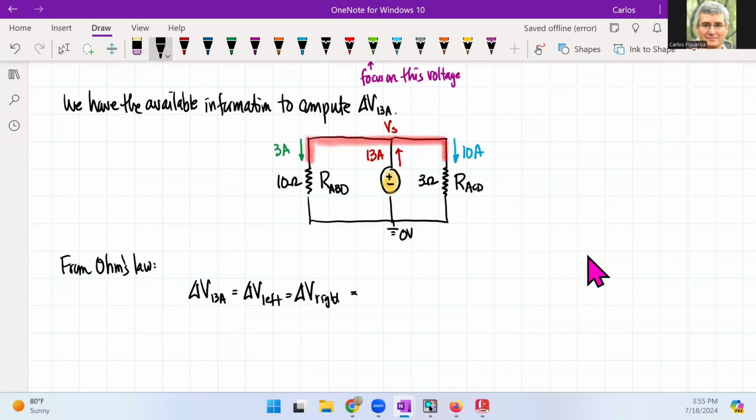The left is going to be 3 amps times 10 ohms, and on the right it's going to be 10 amps times 3 ohms, and you can clearly see that that's a 30 volt value. So this right here is the voltage of that source.